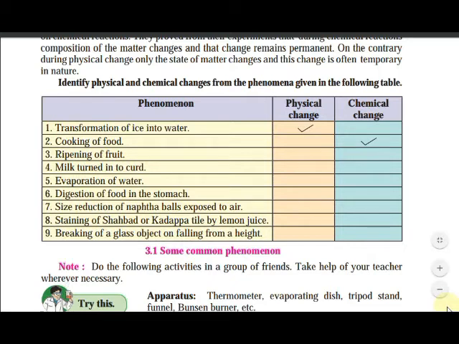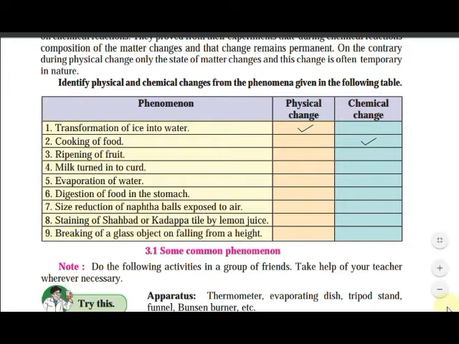We make chapatis, we roast them. Yes or no? Chapati is made. So it is a chemical change, meaning when a product is formed, it never turns back again into the original. Yes or no? After formation of chapati, again you will not get flour.